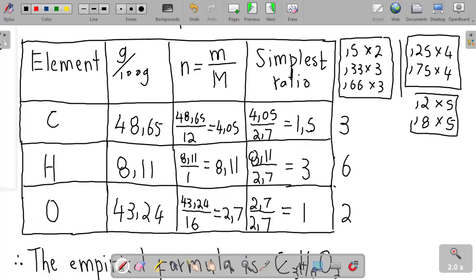Again, these are the multipliers that we use here. So if it's 0.2 or 0.8, we multiply by 5.